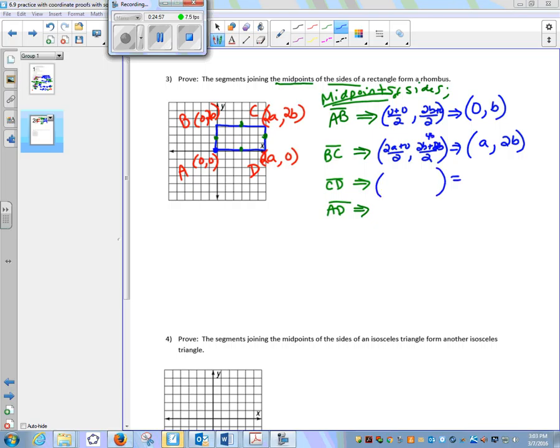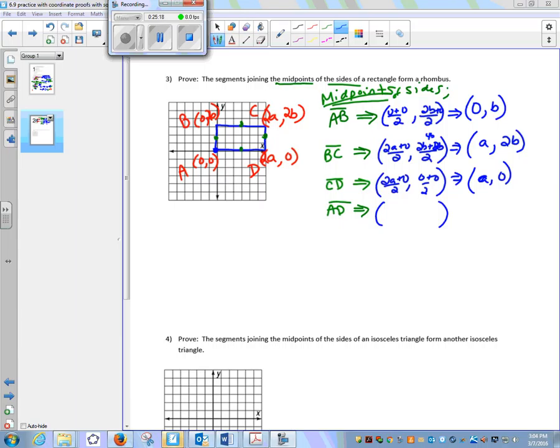And then CD is going to be 2a plus 0 over 2 and 0 plus 0 over 2, which is just a comma 0. Did I do that wrong?